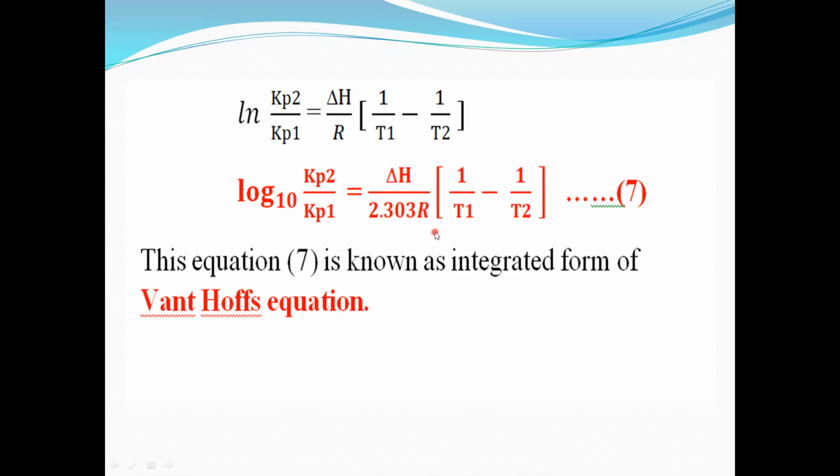This is regarding the van't Hoff equation. It is very important, always asked in the examination for 10 marks: obtain van't Hoff equation and also obtain its integrated form. Up to equation 7 we have to write, and if all points are correct then you get 10 out of 10 marks, because it is a purely mathematical part, not a theoretical part. Understand?